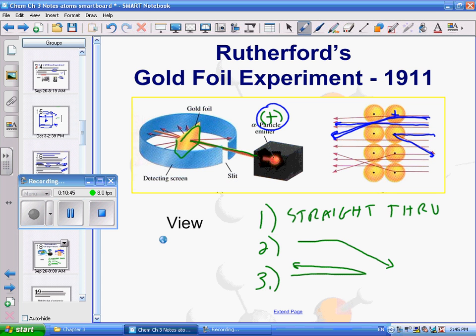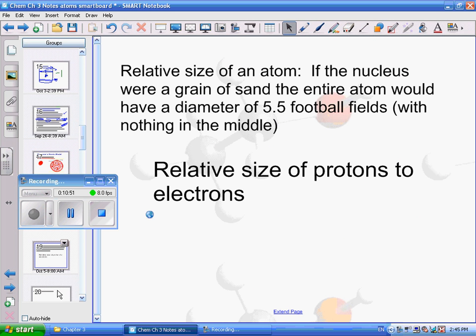Before we come up with conclusions, let's talk about the relative size of an atom. If the nucleus were a grain of sand, the entire atom would have a diameter of 5.5 football fields, with nothing in the middle except these tiny, highly mobile electrons. So it's very, very small.